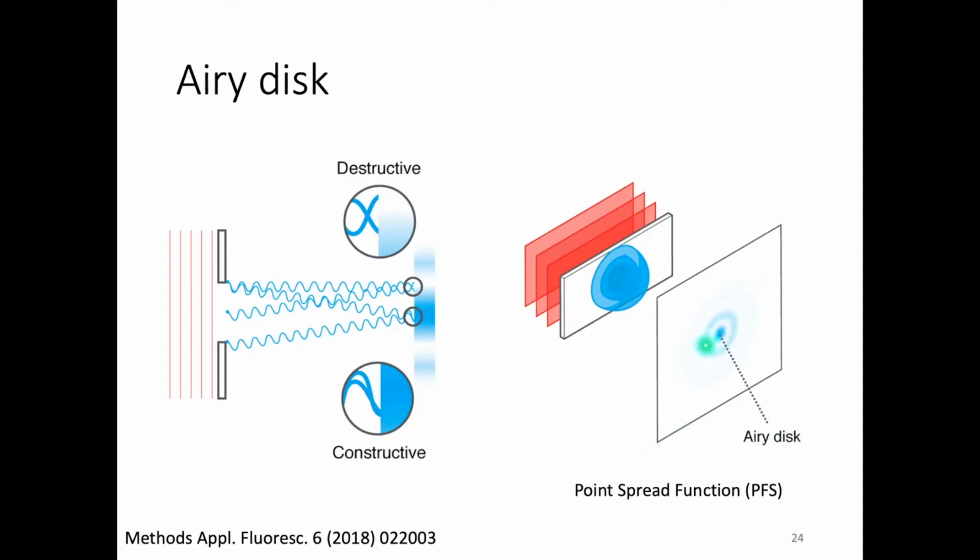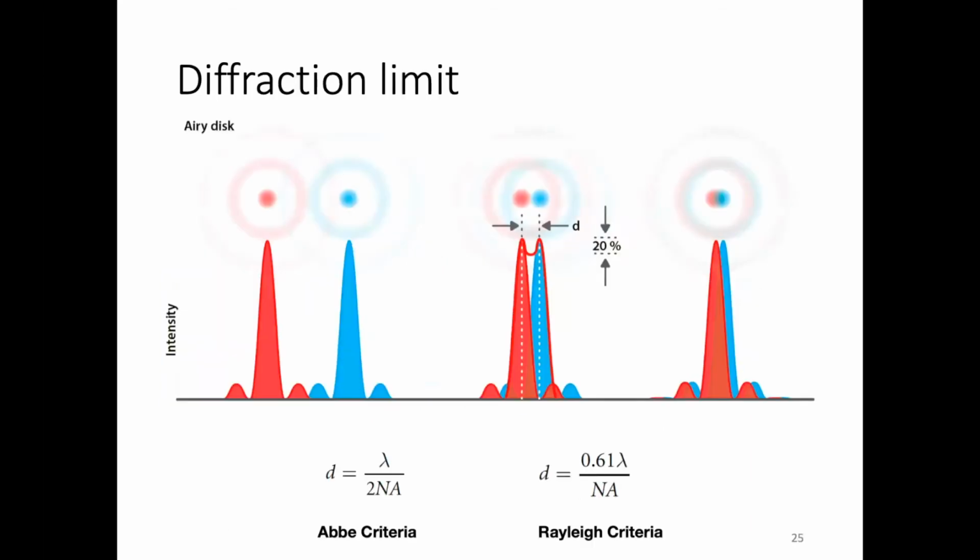And the way this profile develops is called the point spread function, the PSF. So again, this is the light. It goes through the pinhole, and then by destructive and constructive interference, I get this intensity profile, which is non-uniform. So on the plate, it looks like that. And if you look at it in a cross section, you will have the main intensity peak, and you have smaller fringes around it.